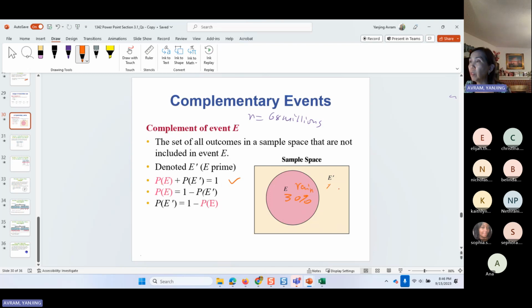It will be 1 minus 0.3, which is 0.7 or 70%, or you can use 100% minus 30%. So if the rain tomorrow is a 30% chance, the chance of no rain tomorrow will be 70%. So if I know one of them, I can calculate the other one easily. That is called a complementary.